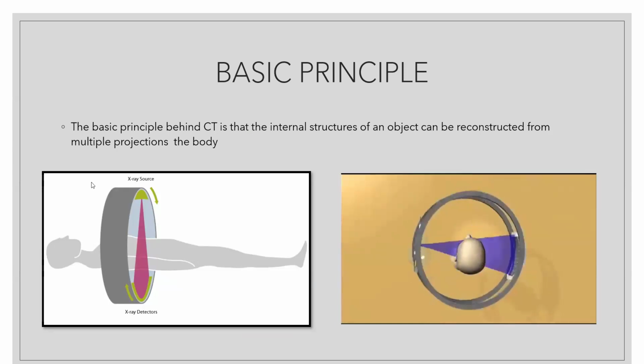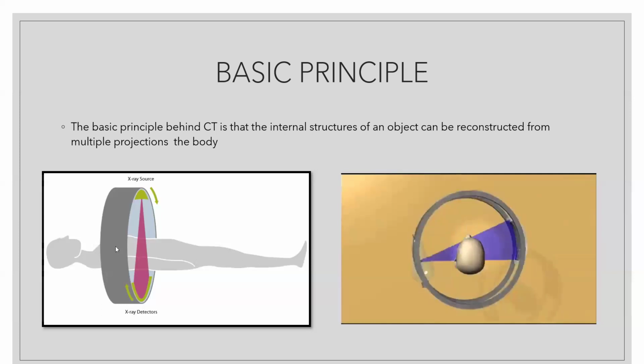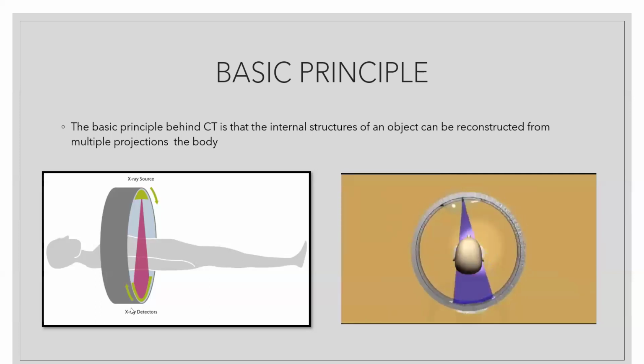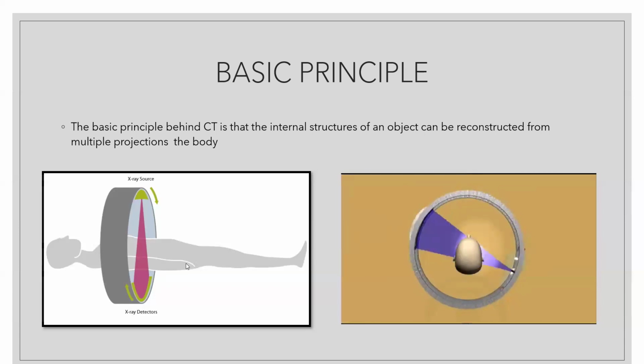And how is it measured? The average linear attenuation coefficient between the tube and detectors. The attenuation coefficient reflects the degree to which X-ray intensity is reduced by the body.